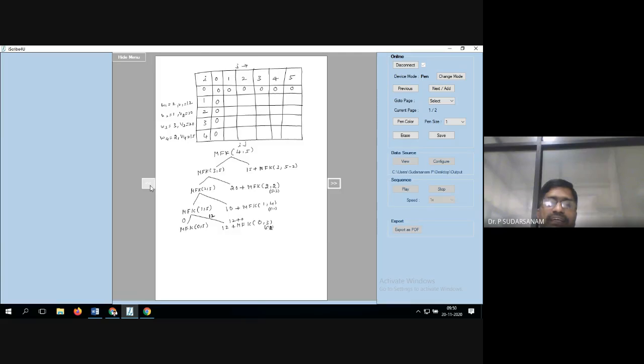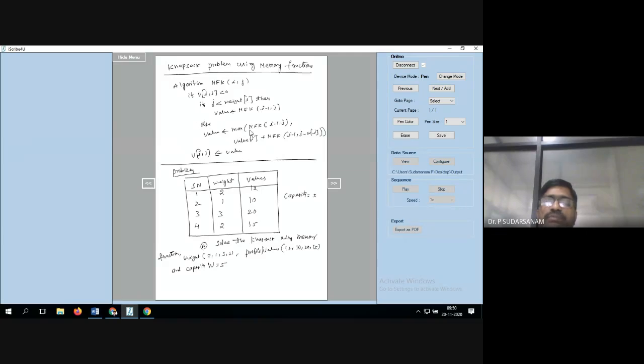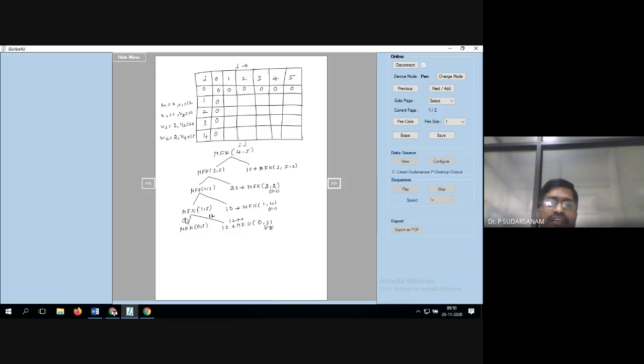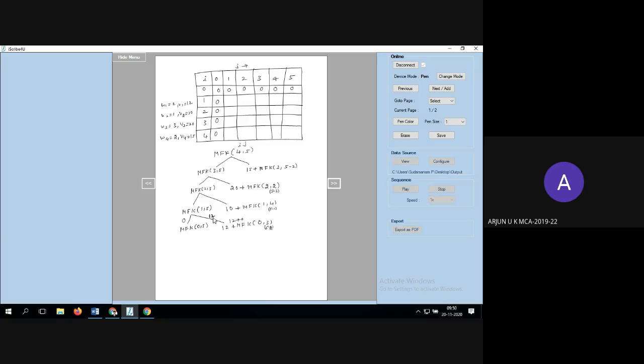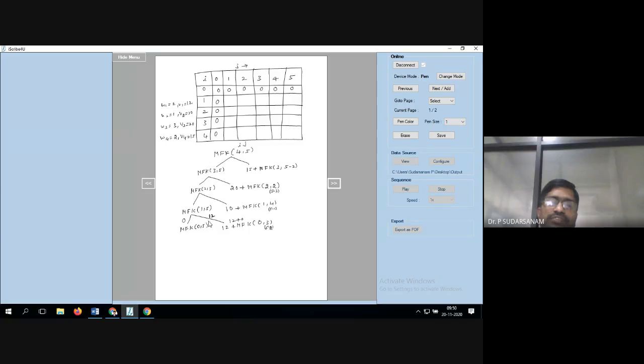Now come back here. Maximum of MFK of I minus 1 comma j, and this one. That means a maximum of 0 comma 12. Now 0 comma 12 is how much? You should tell a bit fast, Arjun.